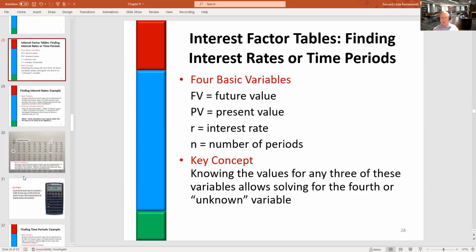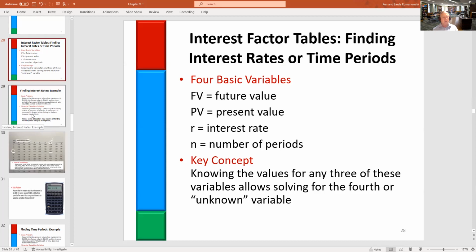On a calculator or some other charts, you'll see FV, that's future value. PV is present value. A lowercase r is for the interest rate, and N represents the number of periods. So if you know any 3 of those variables, you'll be able to solve for the 4th unknown variable.